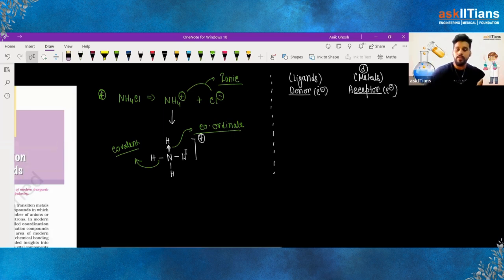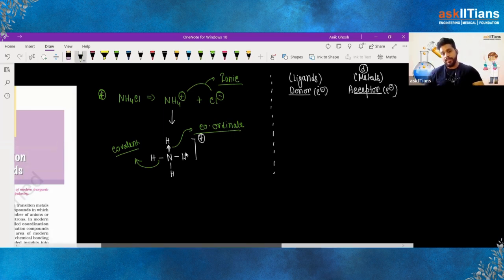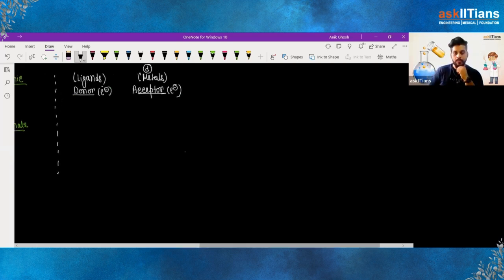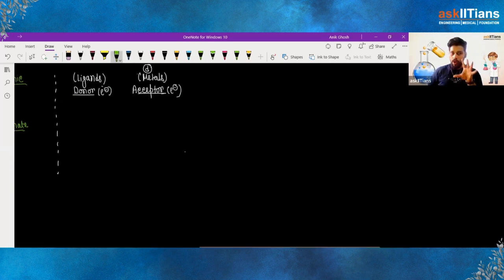Now, let's get deeper into this topic. Now, guys, who are the ligands? Who are the donors? See, the donors are of two types. One are the anionic donors, meaning the negatively charged donors, and the other one are neutral. These two types of donor atoms will be found.